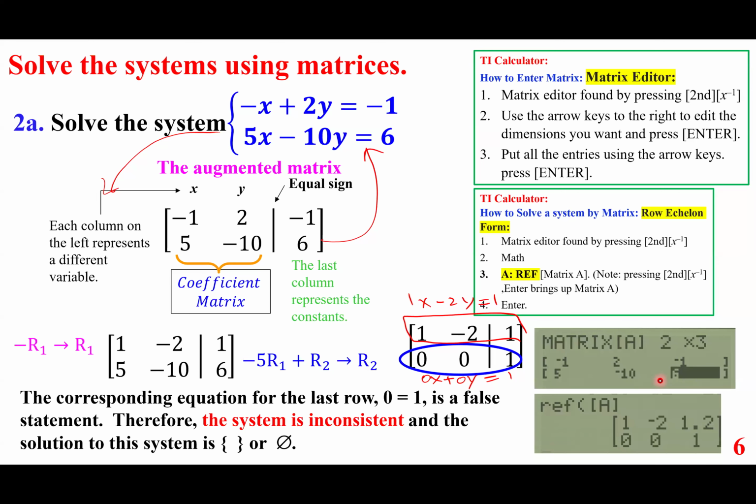Then if you go to math and say REF matrix A gives you this one. Now, it's important to know, based on the methodology that was used, the first row in this case may or may not look exactly the same. The bottom indicates exactly what we have here.